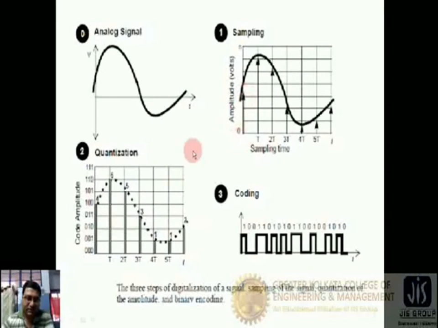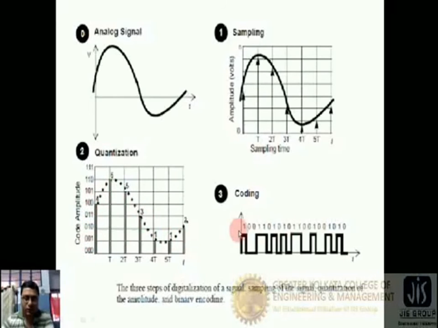The second sample code is 110, and the third is 101. You can see the whole quantized signal is converted into certain codes, and these codes are transmitted over the transmission line or the channel, we can say, from the source to the destination.